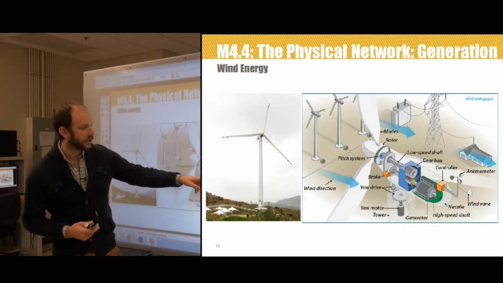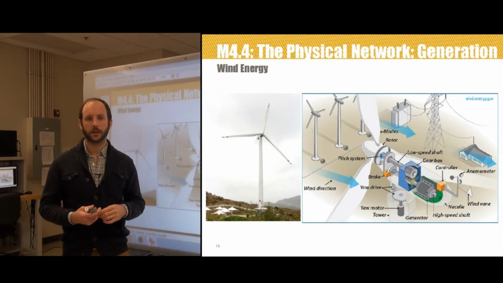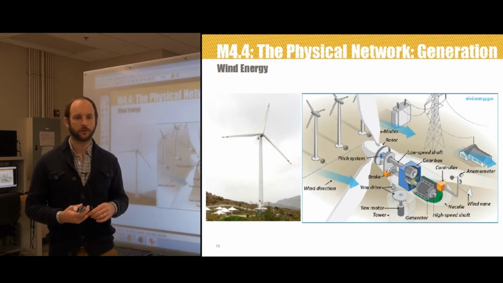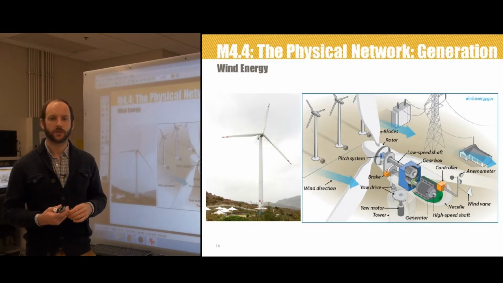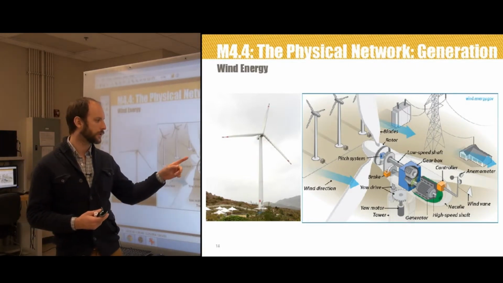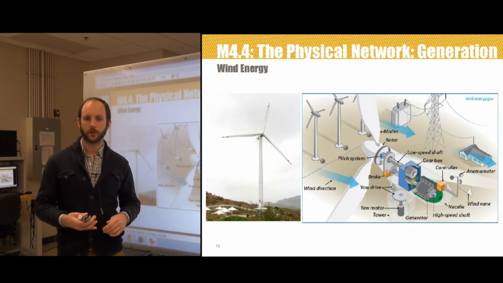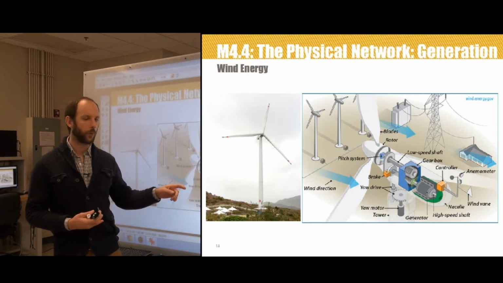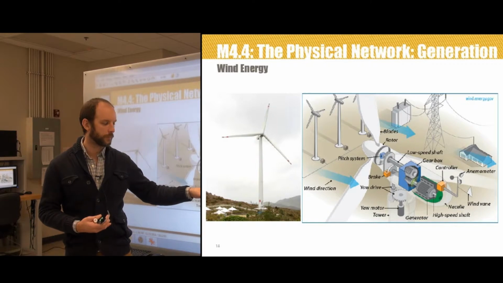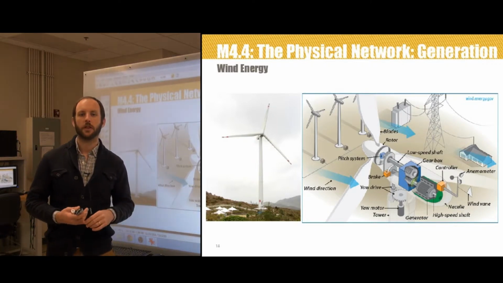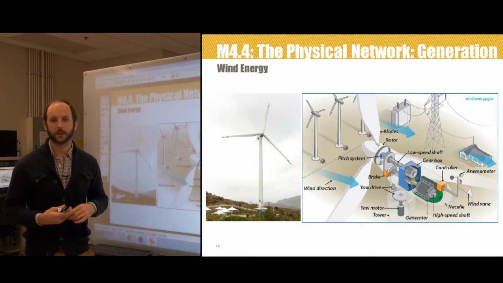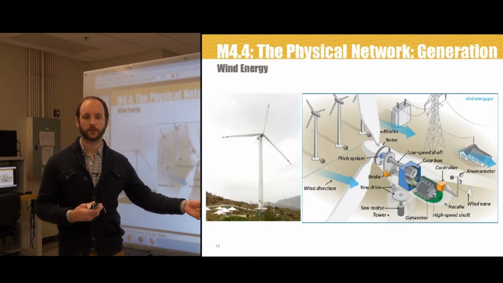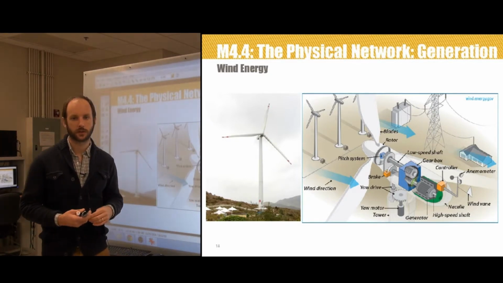Here we see that a gearbox connects the low-speed rotor shaft to a high-speed shaft, and the purpose of this is to increase the rotational speed of the rotor from 30 to 60 RPM to about 1,000 to 1,800 RPM for the electric generator. This 1,800 RPM typically is the rotational speed required by most small generators to produce electricity.